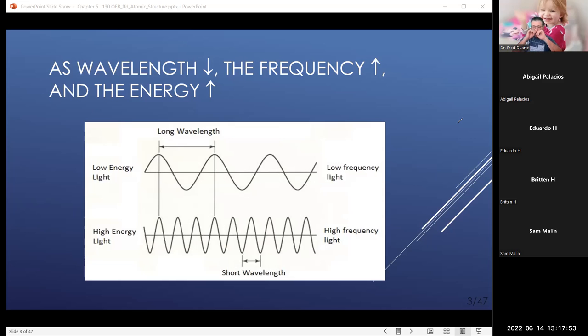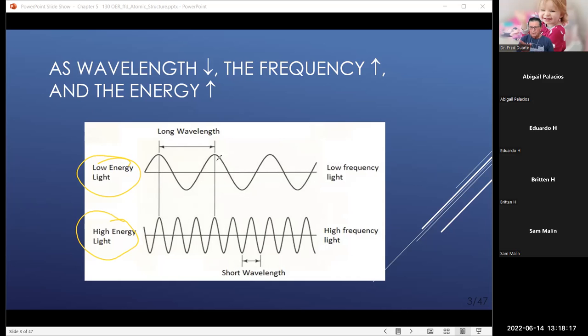All right, so if we look at the top graph right here, this represents a low energy light relative to a high energy light. With respect to wavelengths, you can see that the low energy light has a wavelength from hill to hill.